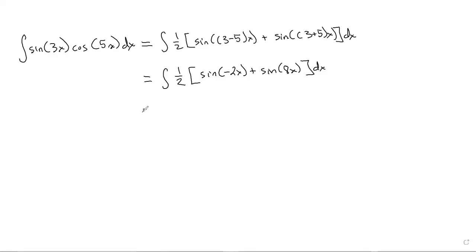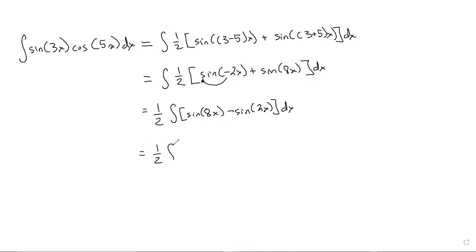And we can move the 1/2 on the outside. We can switch the order here for addition, so we have sine of 8x. The odd property enables me to move this negative outside, minus sine of 2x dx.